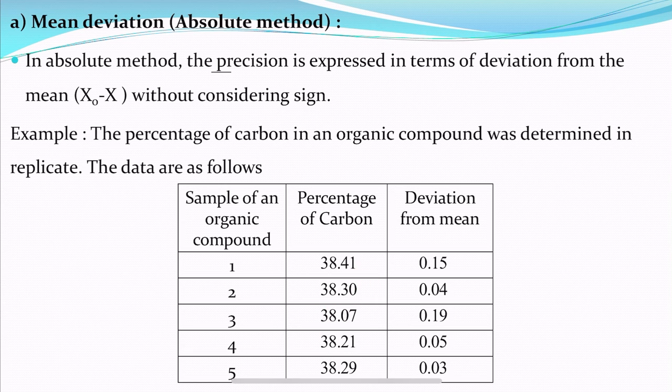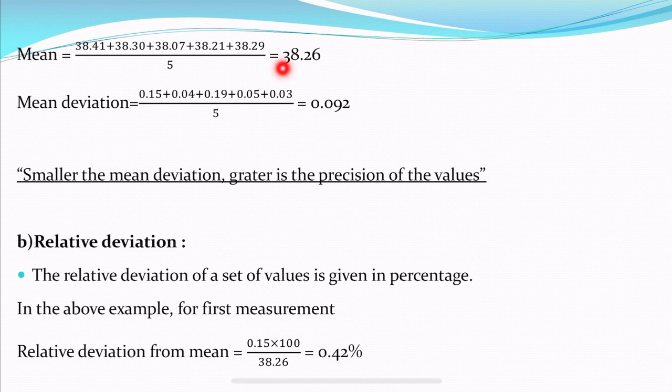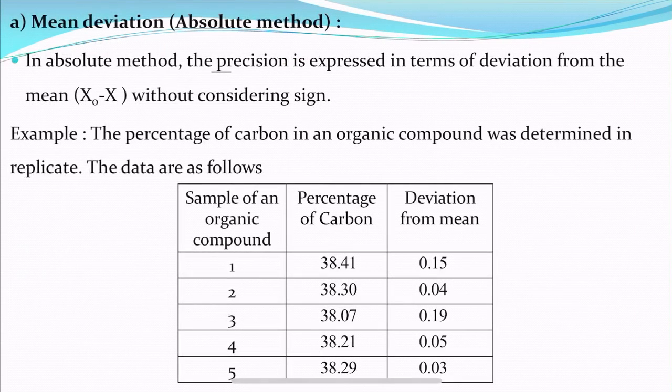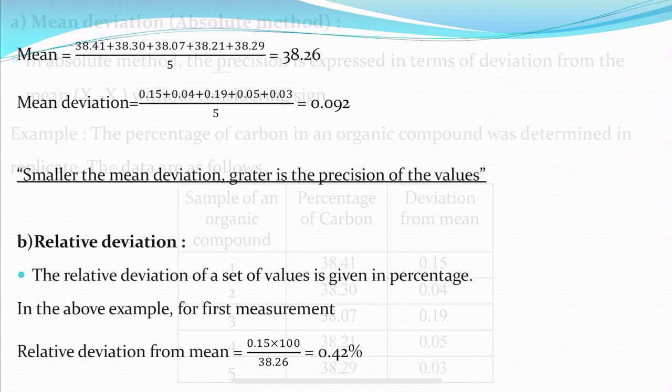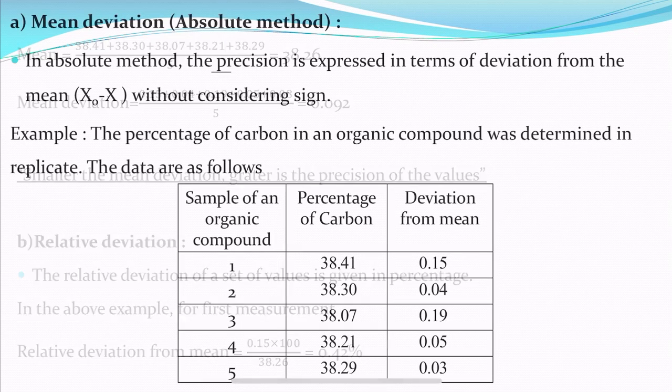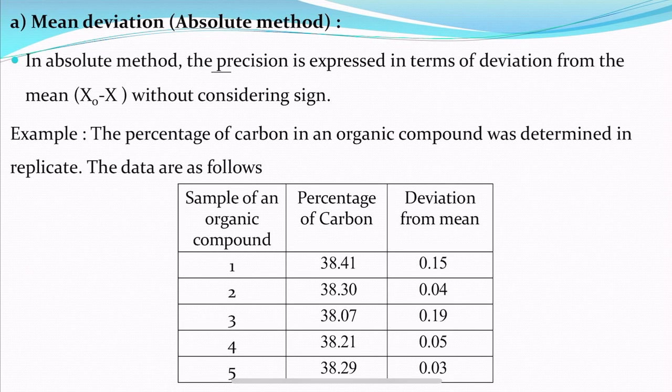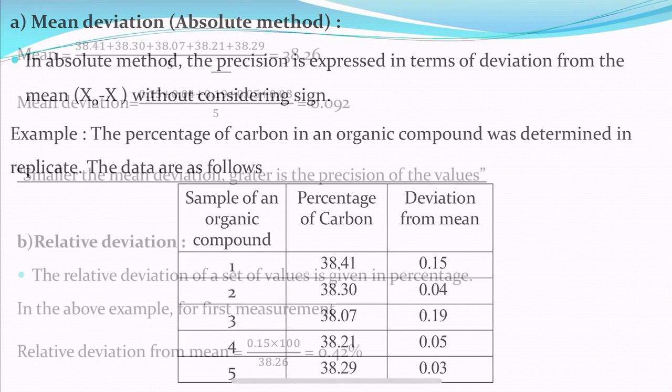If you subtract 38.26 from 38.41, you neglect the negative or positive sign and report it as a positive numeral only. Here 38.26 minus 38.41 gives minus 0.15. Forget the negative sign and write 0.15. In the same way do it for all the other 4 results. That gives us the deviation from the mean.